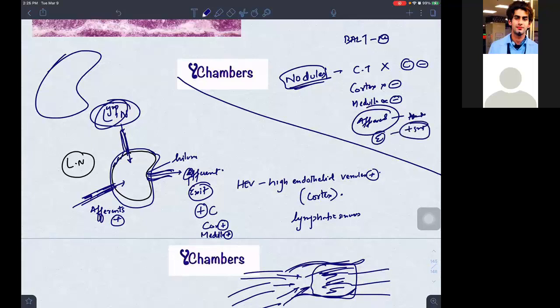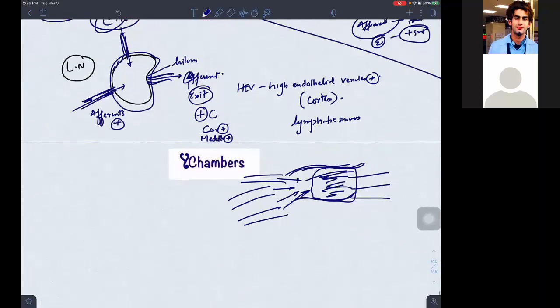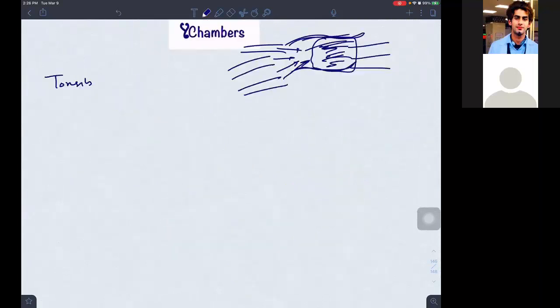Sir, do they have HEVs? Yes, and very beautifully made HEVs. If you want to look, I will give you the example. If you look into your tonsils, in your pharynx, you will nicely appreciate high endothelial venules. The smaller form of veins is venule, like the smaller form of arteries is arterioles.